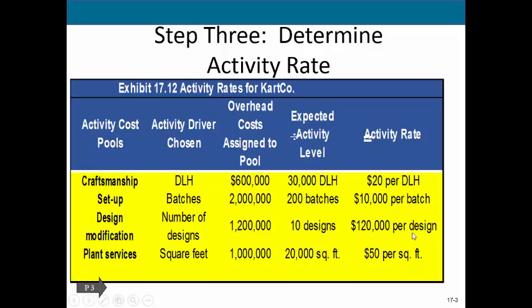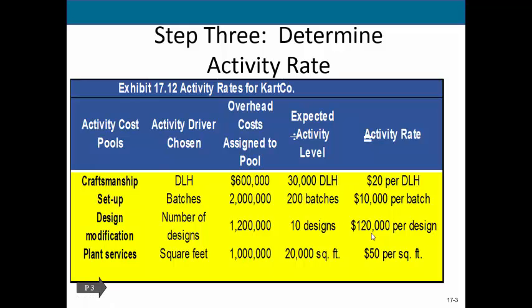So if you think about our custom or our standard go-karts, if one of our products uses more batches or more designs than the other, they're going to end up having a significant more amount of overhead, because for every batch or every design that that specific product uses, they're going to get a significant portion of overhead related to those activities.